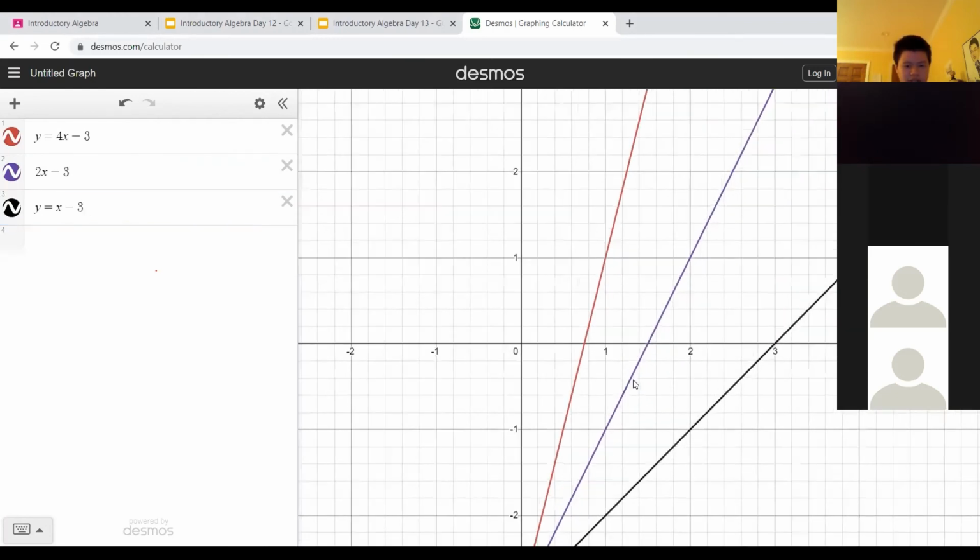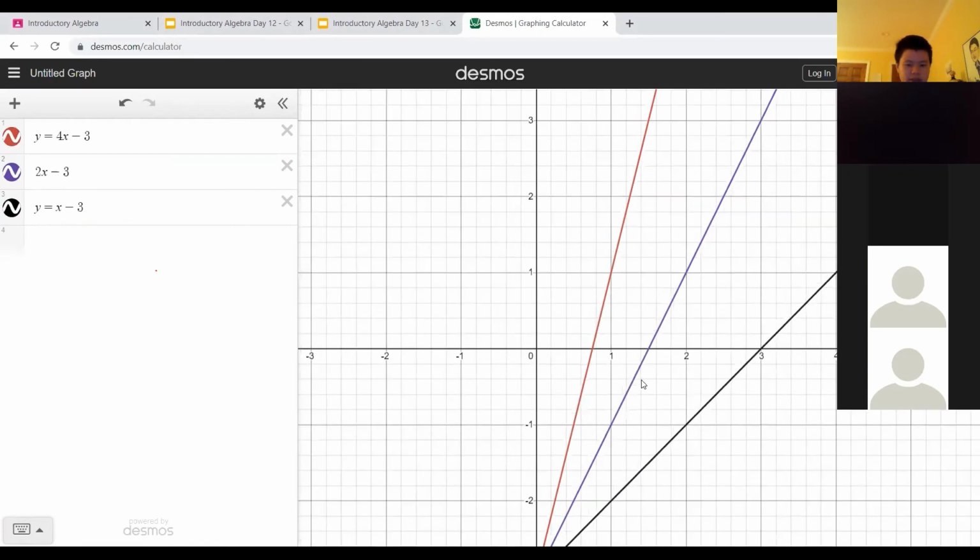So this is the first, this is squishing it in x, and this is expanding.